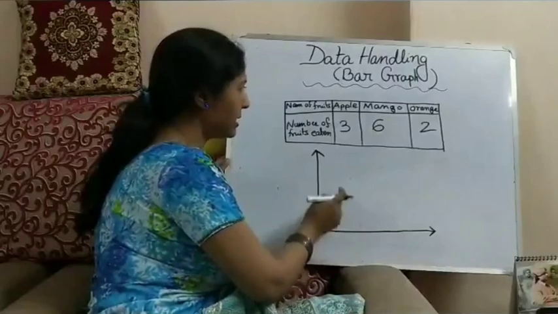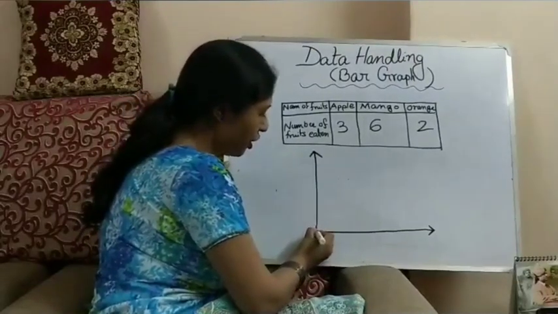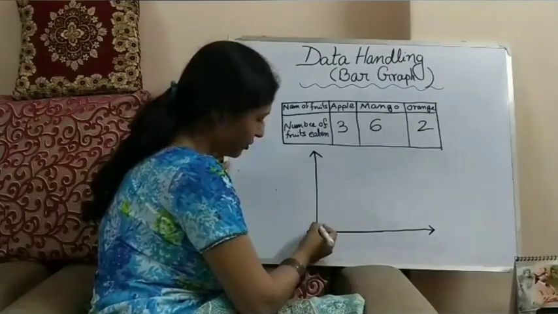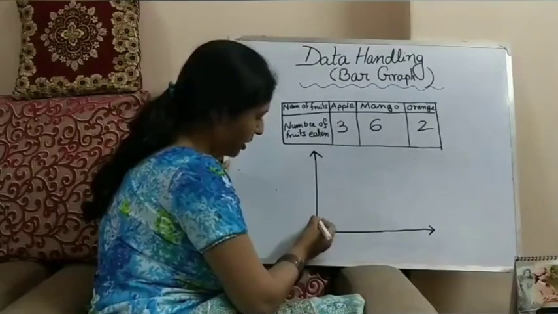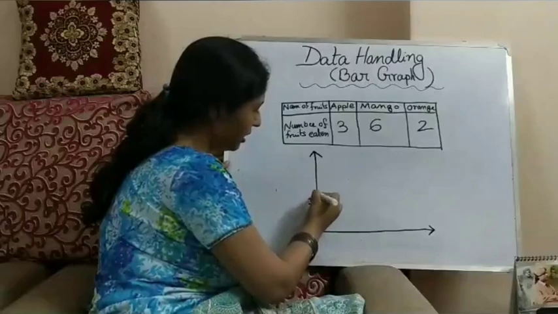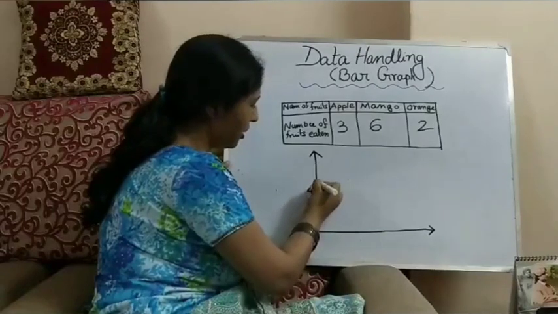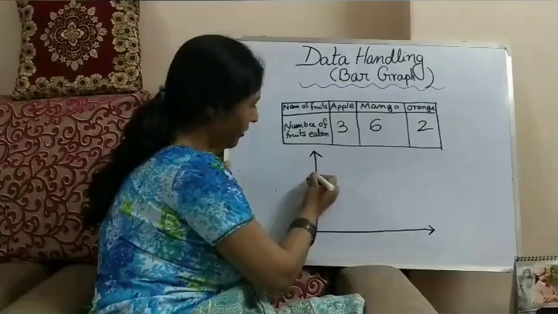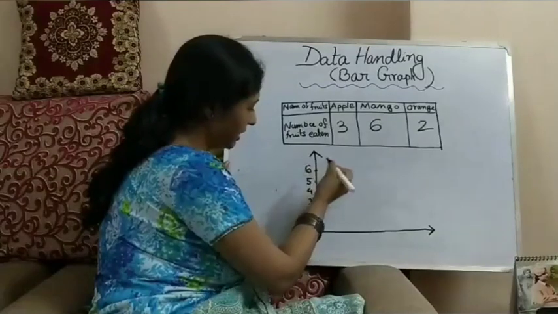Again 2 axes, and here we should draw the scale. 1, 2, 3, 4, 5, 6.